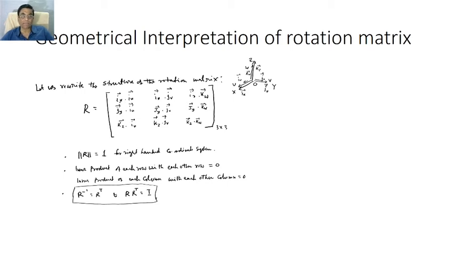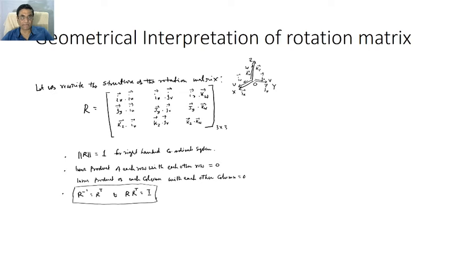Also geometrically, you see this is the dot product of Iu, Jv, Kw with reference to the unit vectors of the inertial coordinate frame. Each row represents the dot product of a principal axis of the body coordinate frame with one axis, that is Ix, of the inertial coordinate frame.